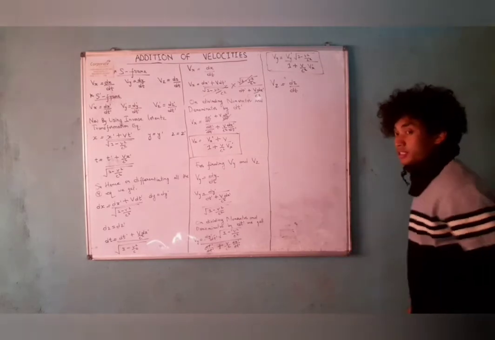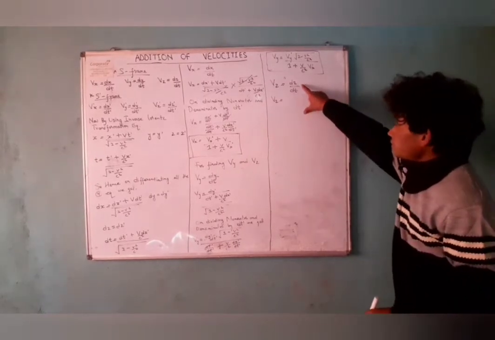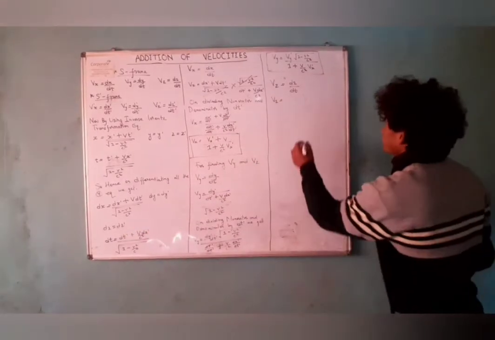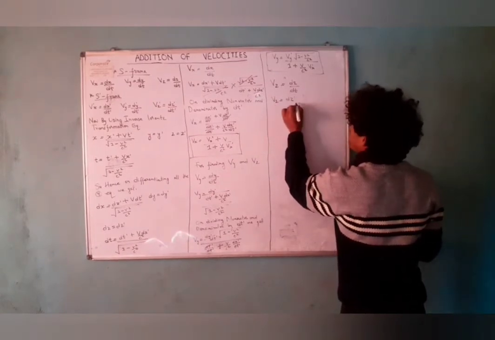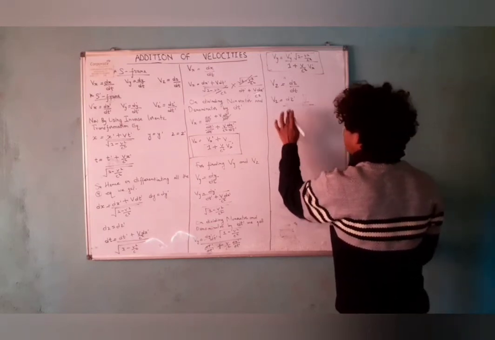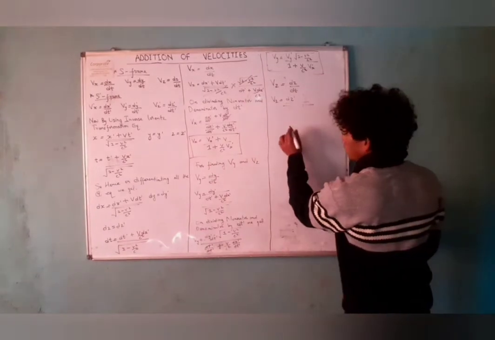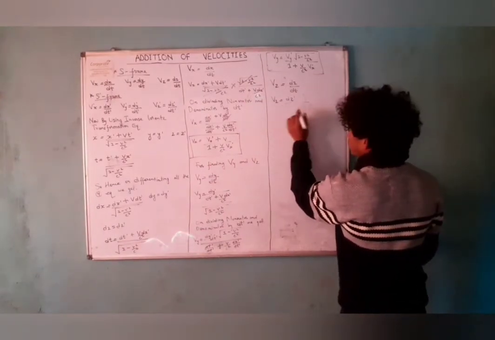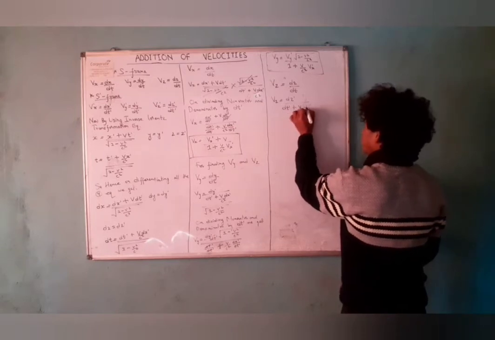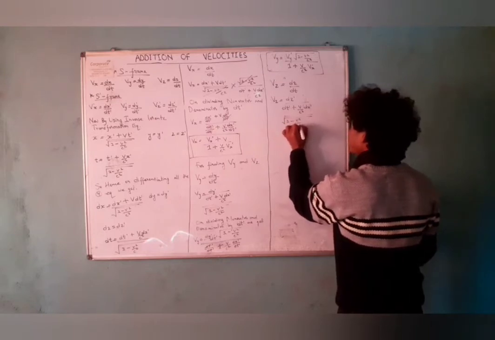So putting the value of dz and dt we will get vz equal to, so we have to write the value of dz equal to dz prime, divided by, so we have to write the value of dt equal to dt prime plus v by c square dx prime over root over 1 minus v square by c square.